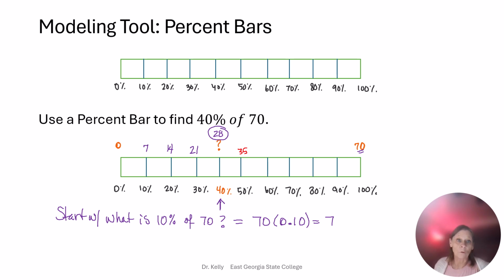That's the only other really obvious way I could think of: half of 70 equals 35, then subtract 7. But it's way easier to start with figuring out what that 10% is, because then you can just scale it on up.